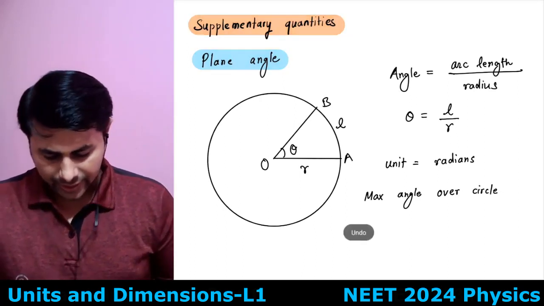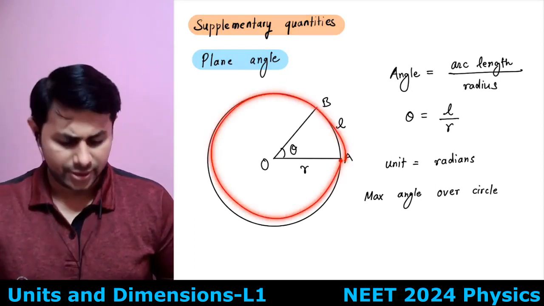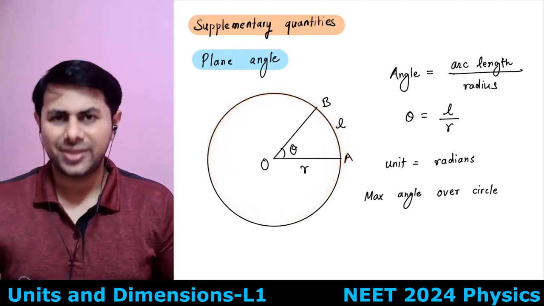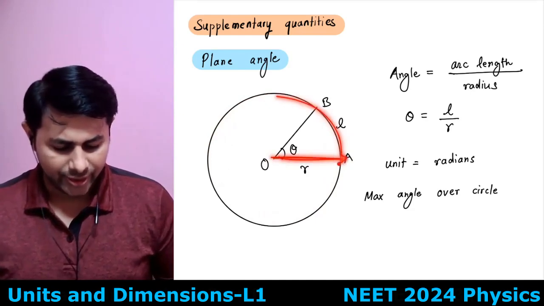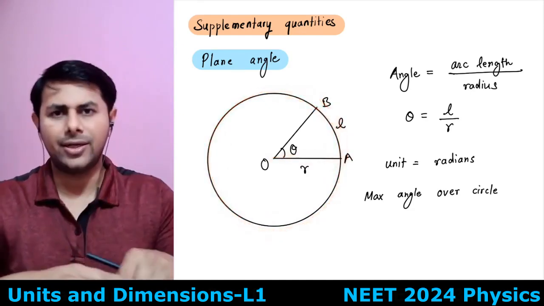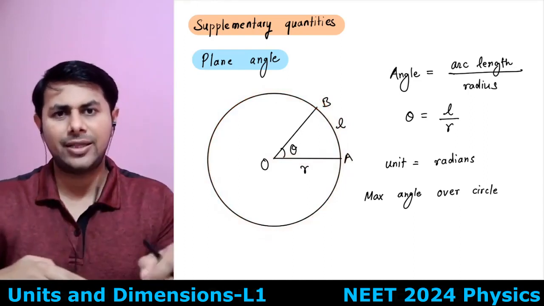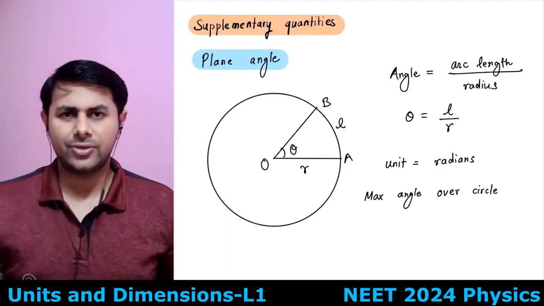Let's say I start from this point and I come back to this point. Of course, I can perform n number of rotations, but I'm not considering that. In one rotation, how much angle is subtended by that arc at the center of the circle? It is 2 pi radians.